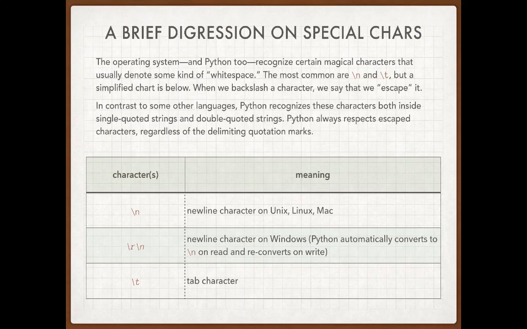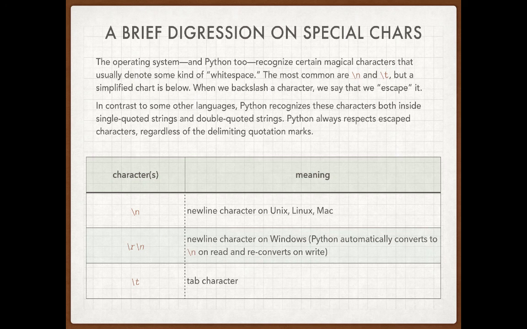\n is the classic new line character, especially if you're using any kind of Unix or Linux-based system or a Macintosh. If you're on a Windows system, the Windows system actually uses a 2-character sequence, the \r\n, as a new line character. And one of the cool things about Python is that Python will convert that automatically to a \n.